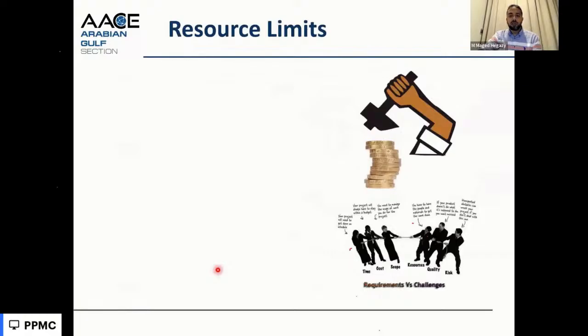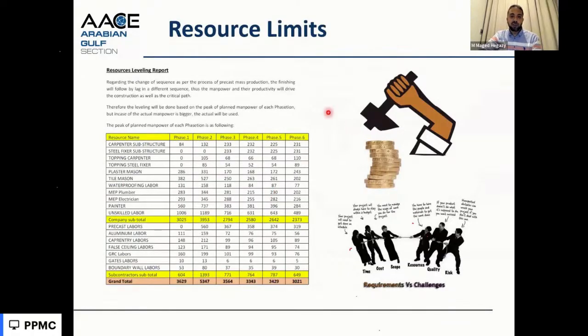The resource limits. The construction people know how teams keep fighting for resources at site because we have limited resources, so we need to consider this in our project. Sometimes the project can proceed everywhere and we don't have mandatory relationships; we are not waiting for something to proceed with subsequent work in certain areas, but we wait for the resources. So we need to consider the availability of the resources we have.